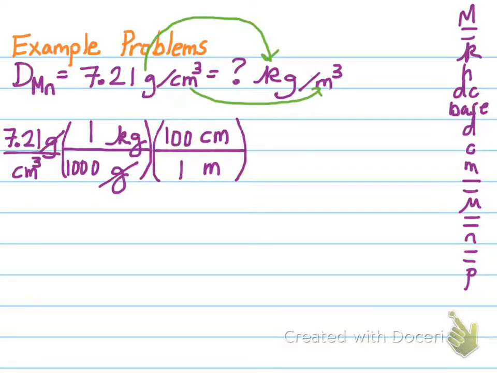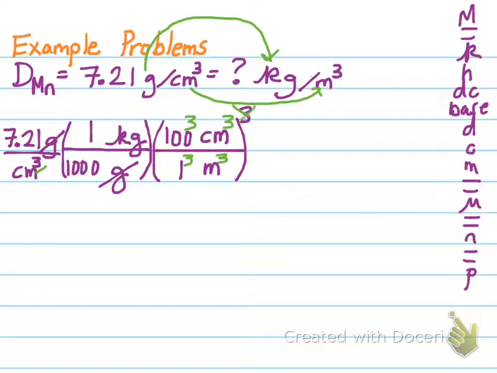But this is cubed. So how do I fix that? I'm going to cube this. I put my cube outside my parentheses. Now I can distribute that, I think that's the right math term, where I bring that to everything inside my parentheses, which means this becomes 100 cubed, centimeters cubed, 1 cubed, and meters cubed.